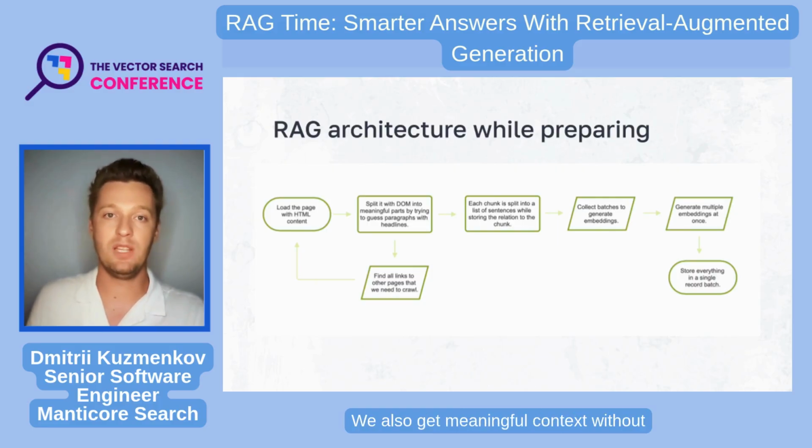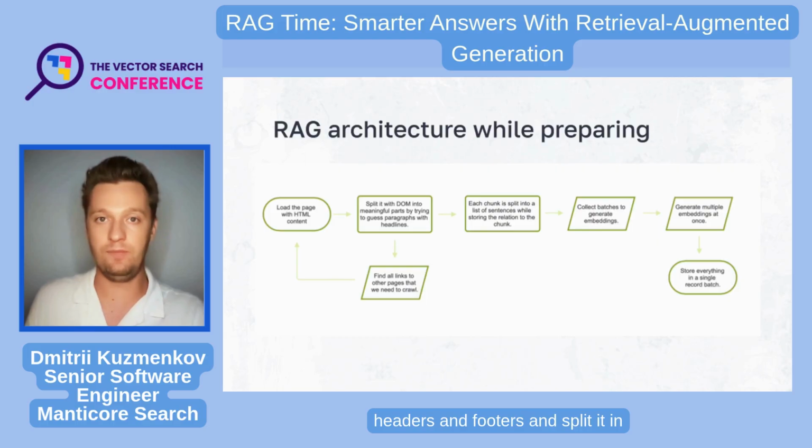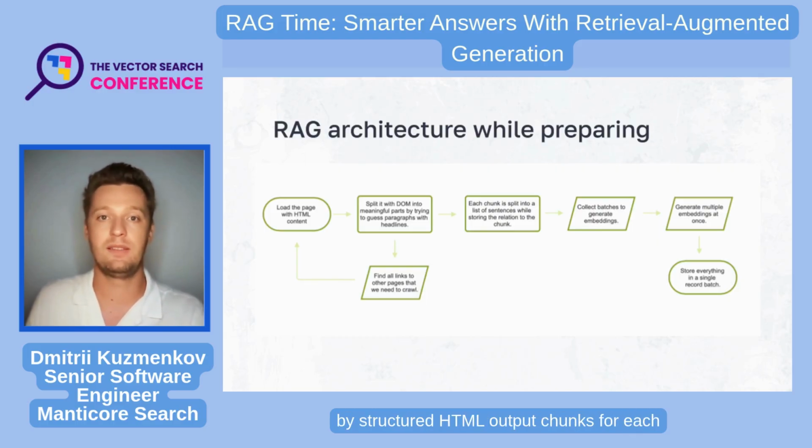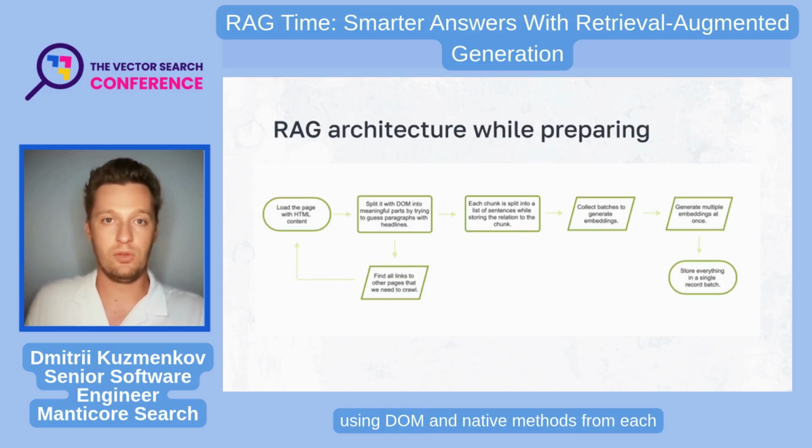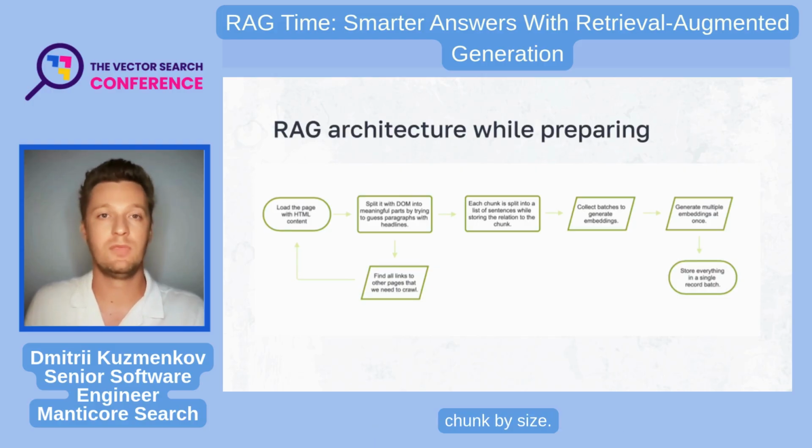We also get meaningful context without headers and footers and split it into structured HTML output chunks for each header. What I want to say is, we just try to get all information using the DOM and native methods from each page and chunk by headers when it's possible, or fall back to chunking by size.